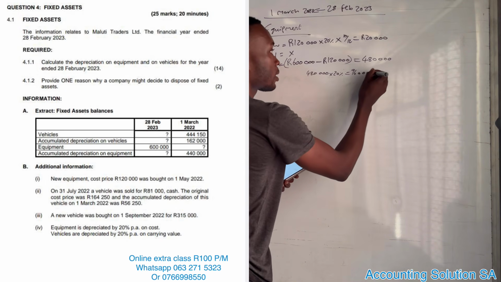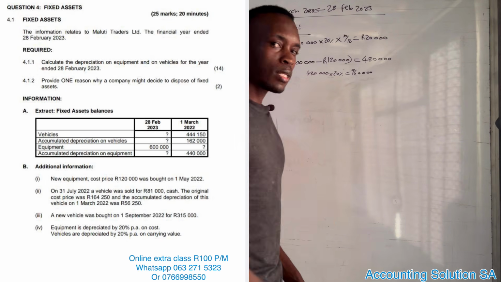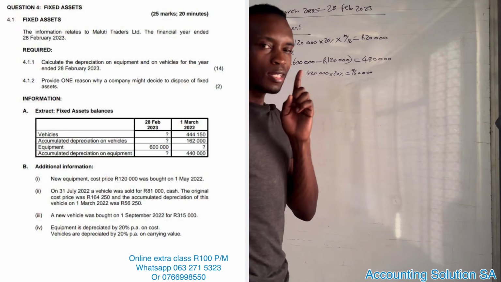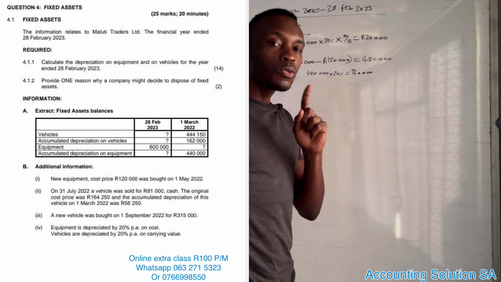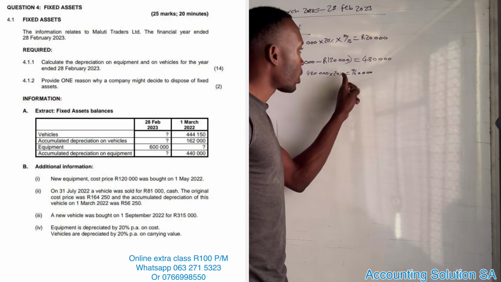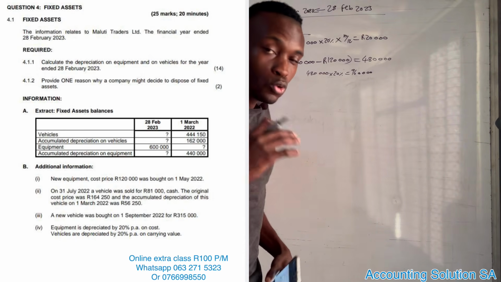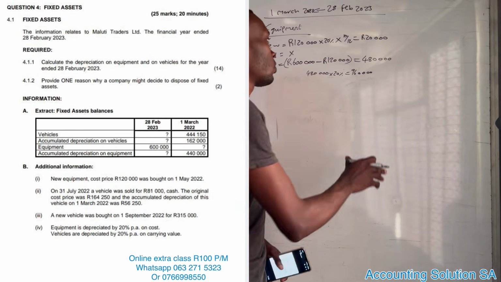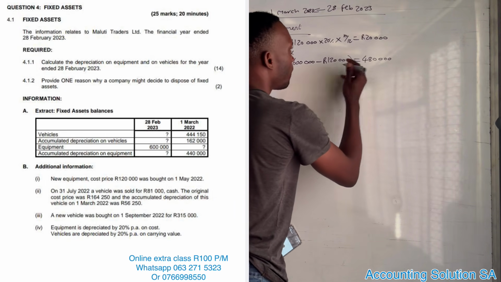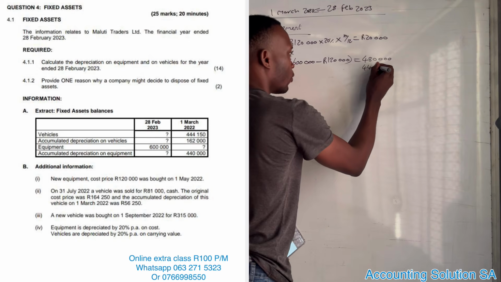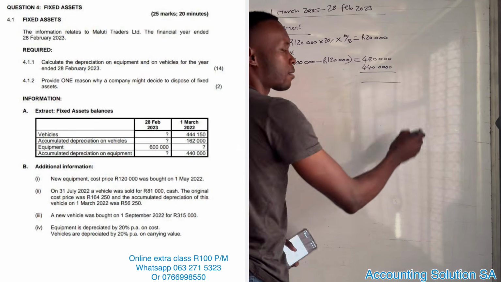Imagine when you add 96,000 to the accumulated of 440, this is going to be 500 something, which means that depreciation is now over the cost price. What do you do in that case? You don't count this 96,000. It's already over depreciated. What you need to do, very simple: you just take this one and compare it with the accumulated. Whatever you are going to get, you must subtract 1 rand.